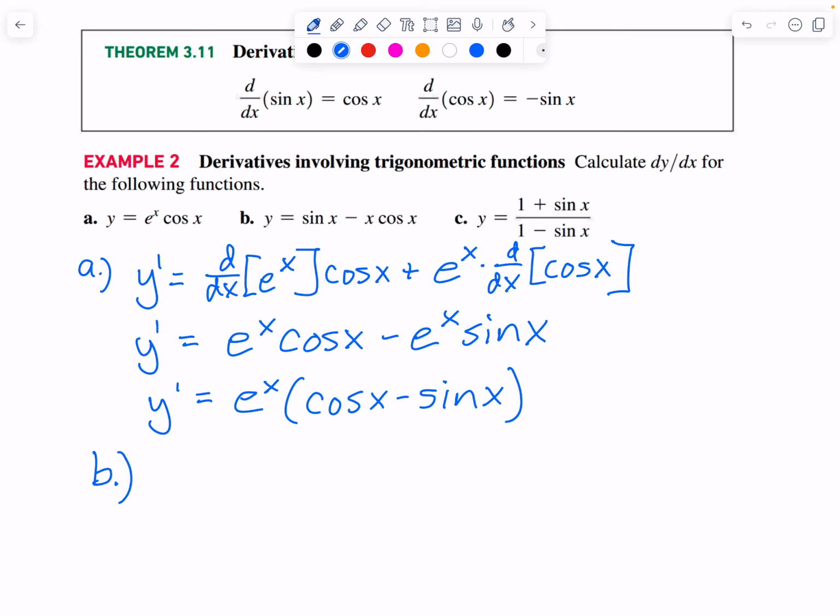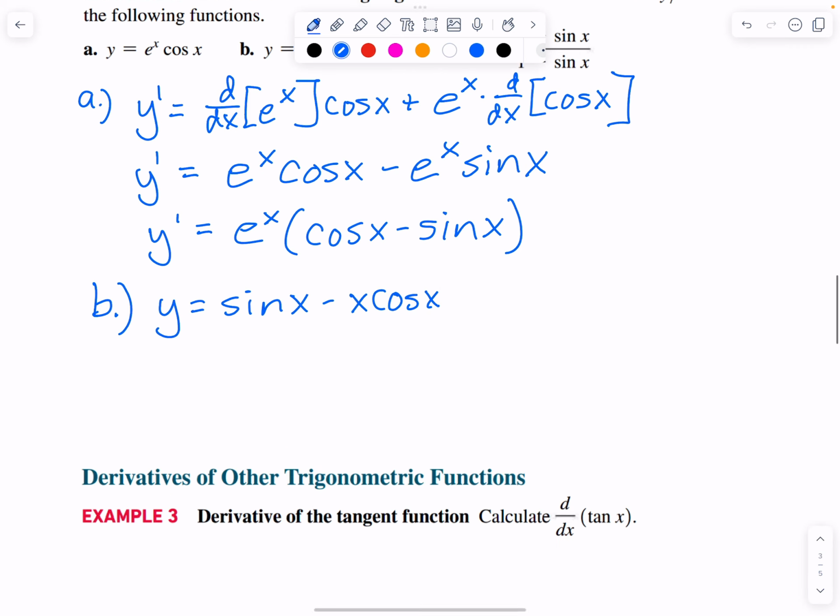All right, check out b. So b is, I'm going to rewrite it since it's not right under. So the sine we can take care of, but notice there's an x in front of cosine, so that requires the product rule. So the derivative, I'm going to write this out long ways. Derivative of sine, we'll do that. That's by itself, so I don't have to do a product rule. Minus, and then it's going to be the derivative, and I'm actually going to do plus.